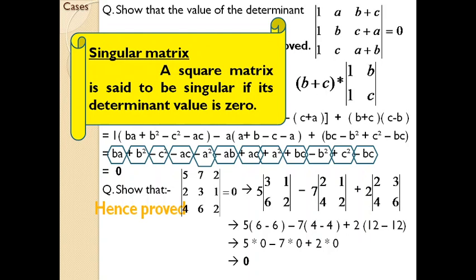And that matrix will usually be a square matrix, because determinants are always defined for equal order. Equal means the number of rows and columns will be equal.